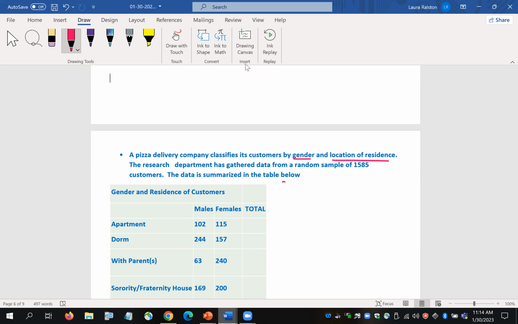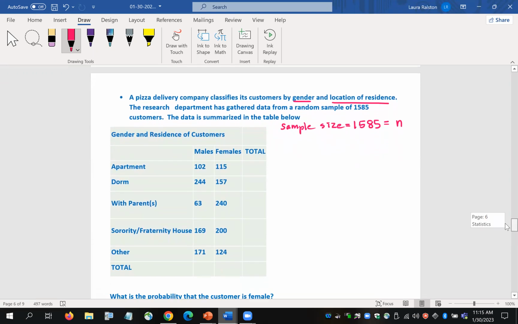So they tell us that my sample size is 1,585 customers. That's the same as if I had the sample size for a data set. And so they have organized that information into a contingency table. They have the residence on the rows and the gender on the columns.